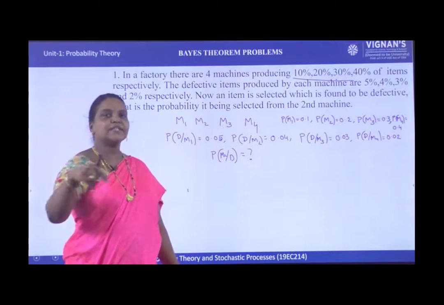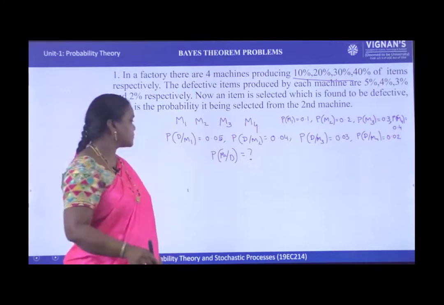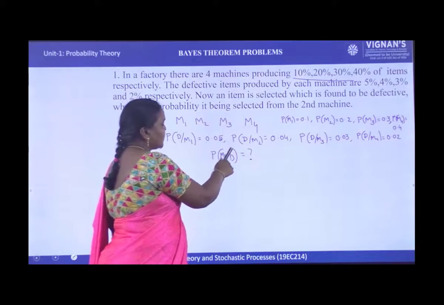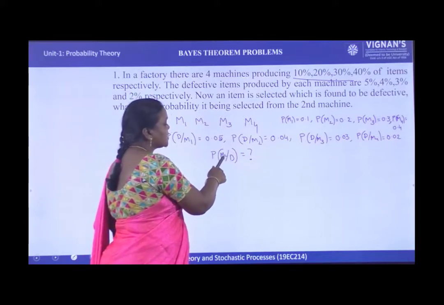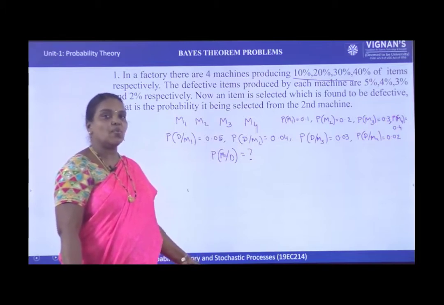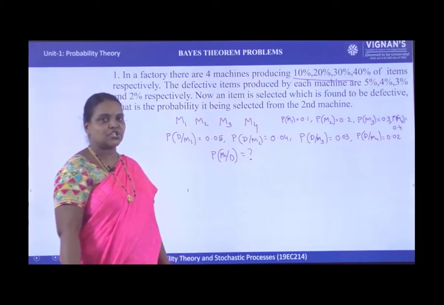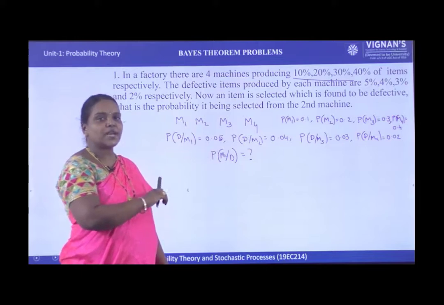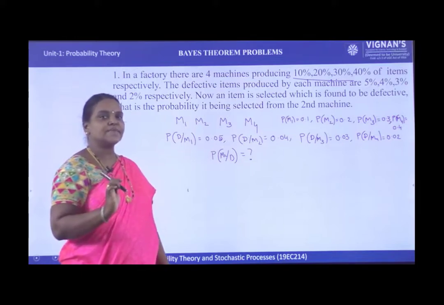So A is nothing but here D. Now, if it is D, what is the probability it belongs to machine 2? If it is defective, what is the probability it is from machine 2? So to solve such type of problems, we have to use Bayes theorem.